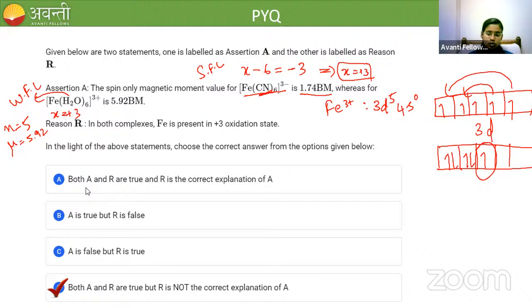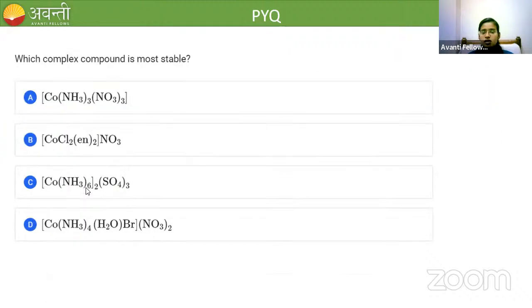So I'll go ahead with one more question. Which complex compound is most stable? Which option is correct?